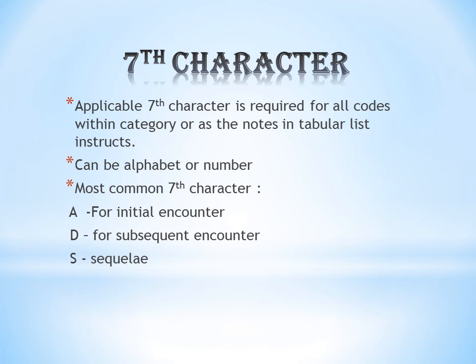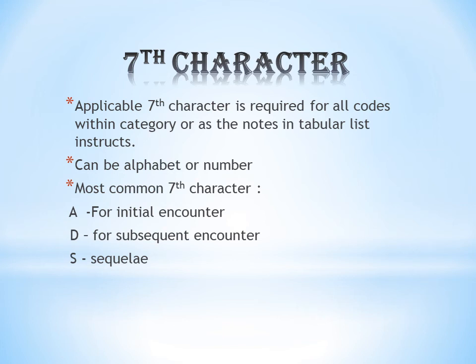Now what is subsequent encounter? Subsequent encounter means the patient comes to the hospital with a particular diagnosis for the second or third or fourth time. It is not the initial visit for that complaint. Then we code it as subsequent encounter, and the seventh character, if required, is D.